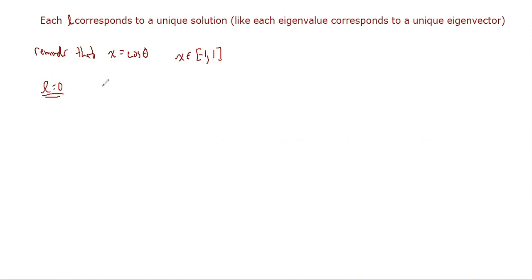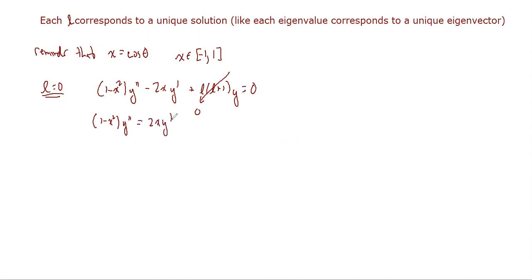So looking back at the differential equation, I have 1 minus x squared, y double prime, minus 2x y prime, plus L(L+1), which is 0 times 1, which is 0, times y equals 0. So 1 minus x squared y double prime equals 2x y prime.